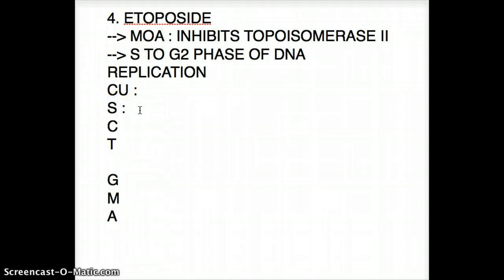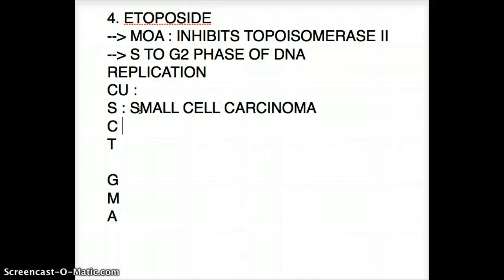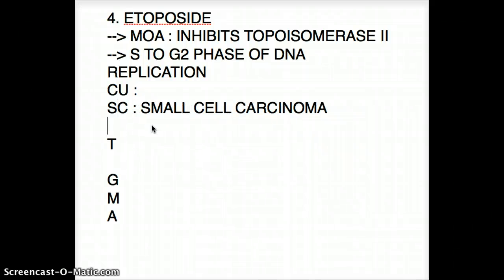S and C together: small cell carcinoma. It's not only of the lung, it's also of the prostate.